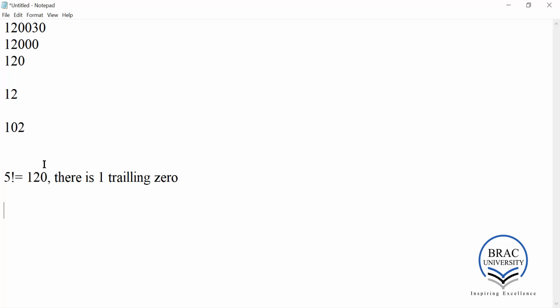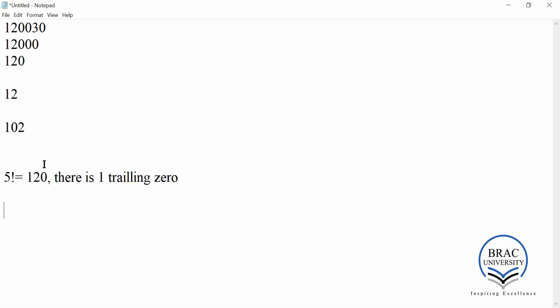But I'm talking about smaller numbers. 5 factorial is a small number, so I can just find the factorial first and then start to loop and check mod, how many times I get zero as a remainder when dividing the number by 10, right?